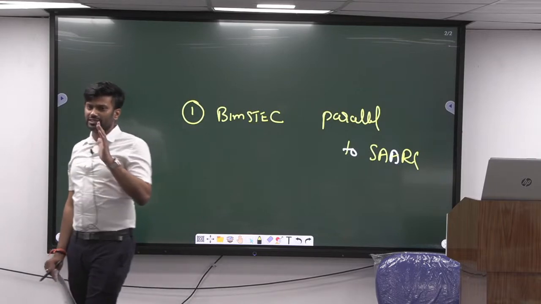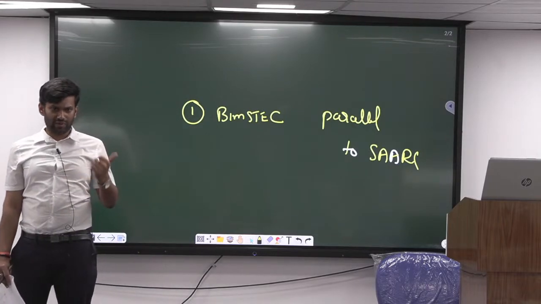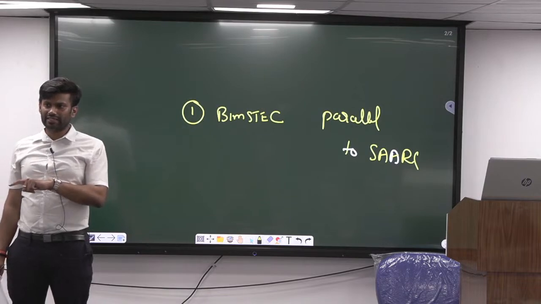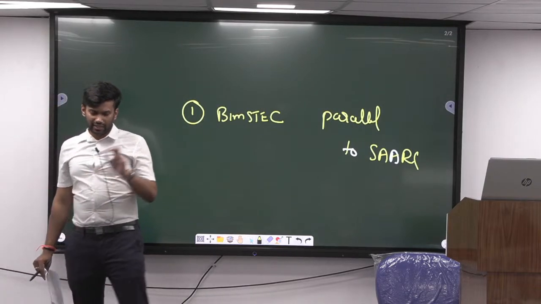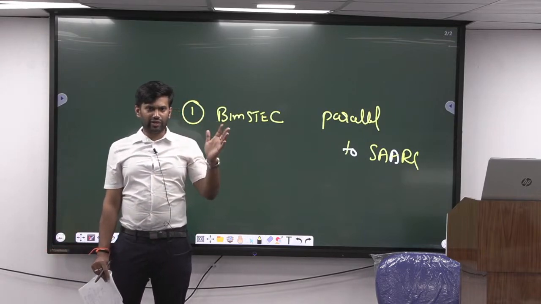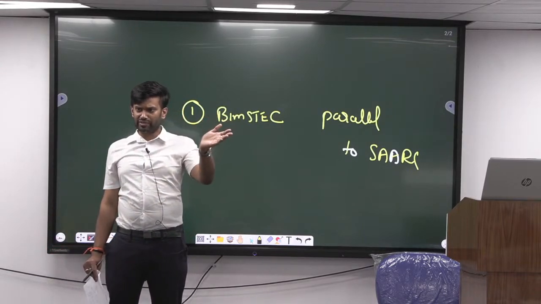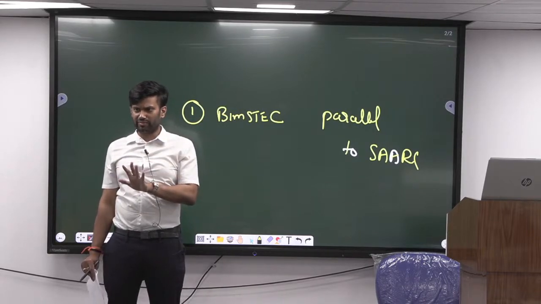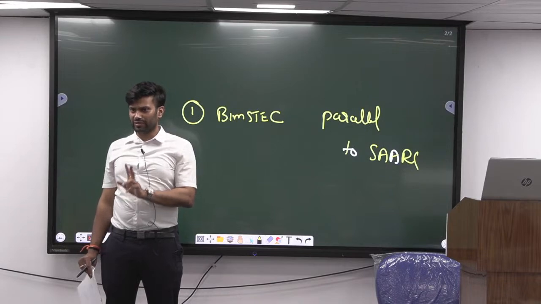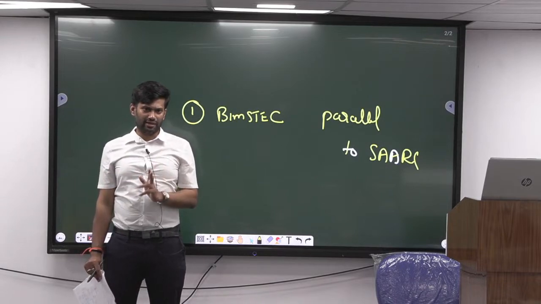But however, there are certain differences. One I told, SAARC is a regional organization, this is an inter-regional organization. The second difference is the membership: there you have membership comprising Southeast Asian countries, here the membership only comprises South Asian members, and two members are not included, that is Pakistan and Afghanistan.